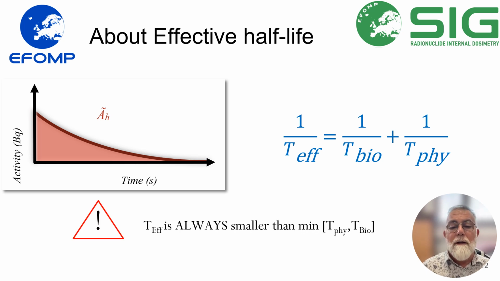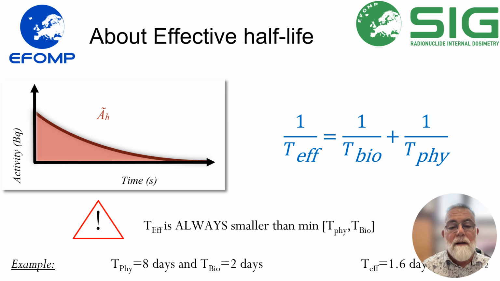Be careful. The effective half-life is always smaller than the smallest of the half-lives. As an example here, you got 8 days for iodine 131 and a vector that's got a biological half-life of 2 days that gives you an effective half-life of 1.6 days.